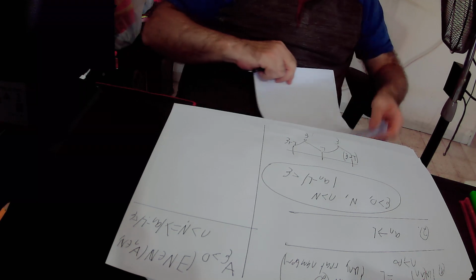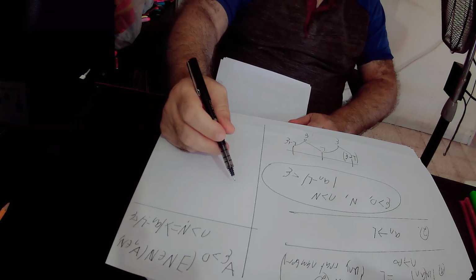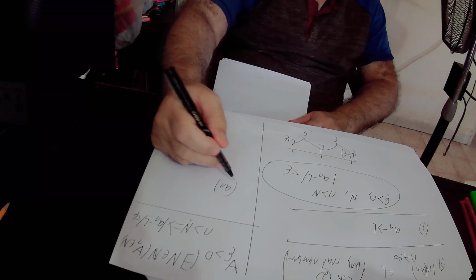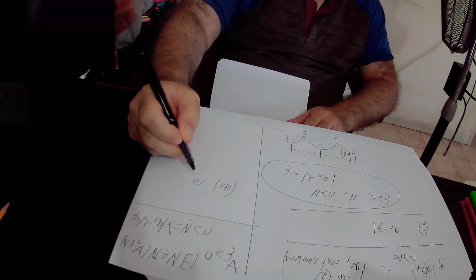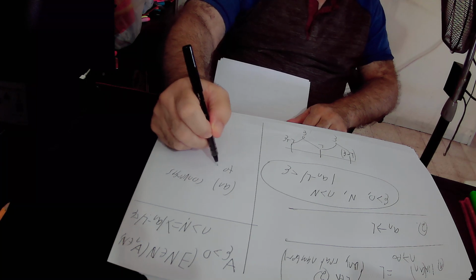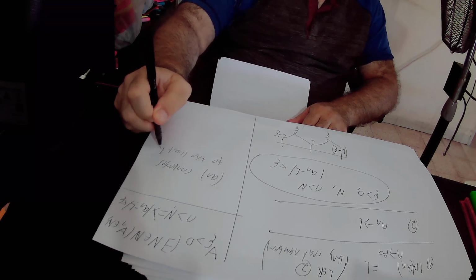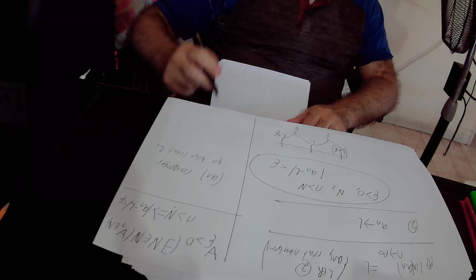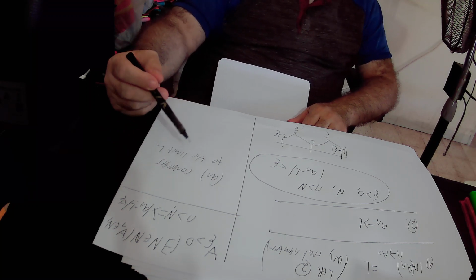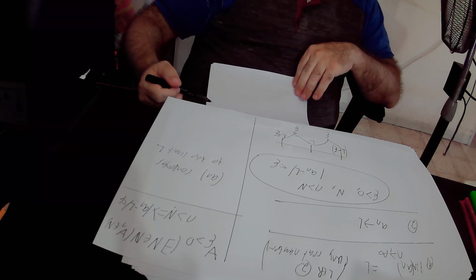So I'll repeat again that we can say the sequence AN converges to the limit L, if this condition holds, and only if this condition holds.